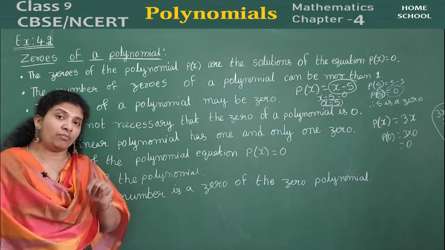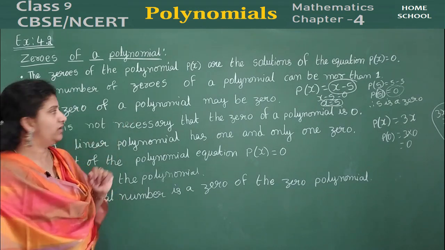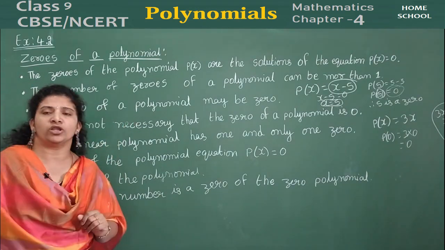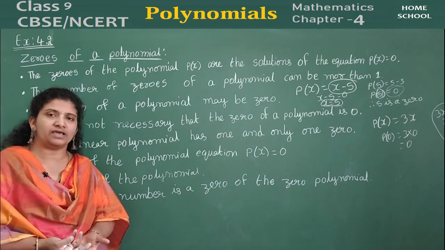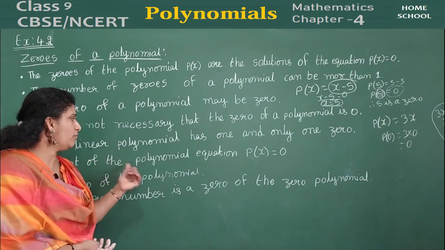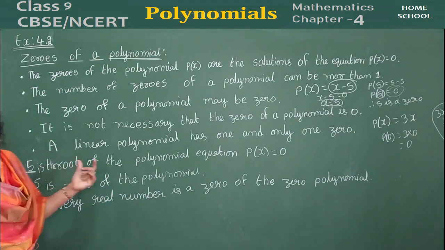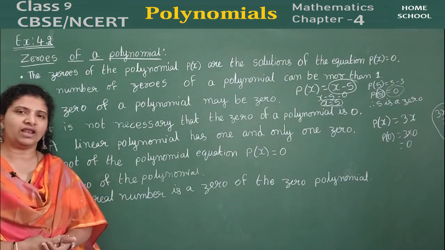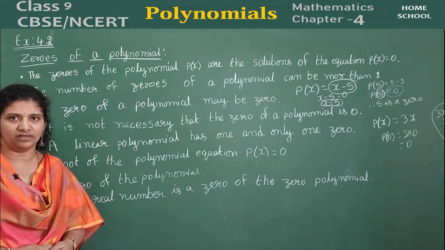But a normal polynomial, the zeros will be more than 1. And the zeros of a polynomial may be 0, and it is not necessary that it is 0. A linear polynomial will have only one 0. And that 0 of a polynomial, I can call it a root of the polynomial.